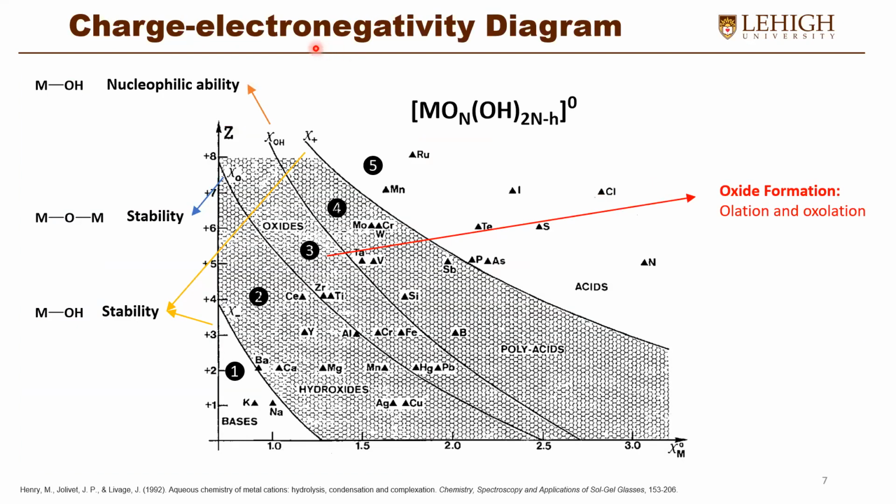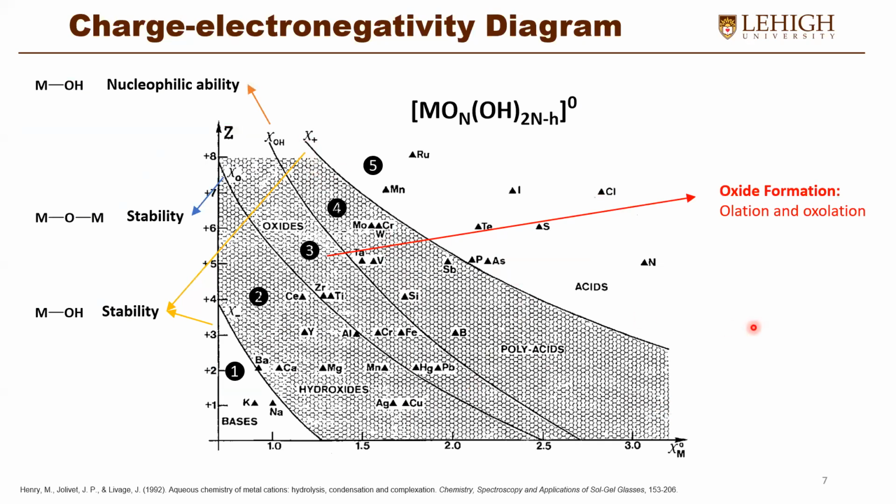This diagram is to predict the condensation product. It's called charge and electronegativity: the charge of the metal and the electronegativity of the metal. The empty, white area means they will not produce the precipitation. Only the shaded area will produce the precipitation.